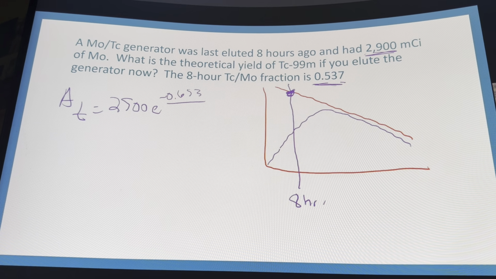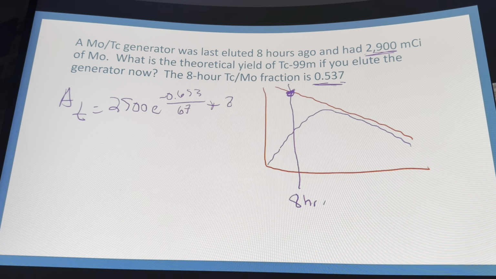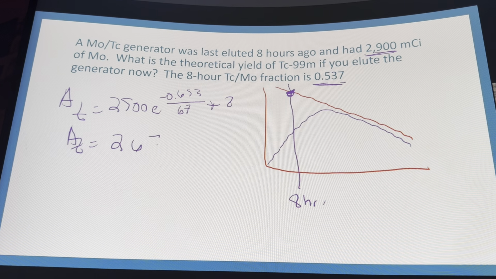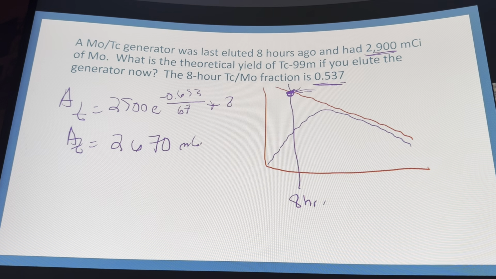Half-life is either 66 or 67 hours, depending on what book you prescribe. We're going to go with 67 times 8. Plug that in your calculator. I get 2,670 millicuries of moly.